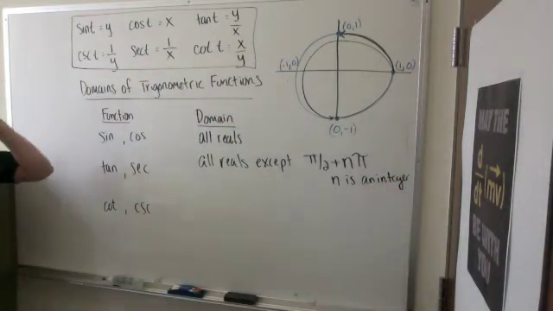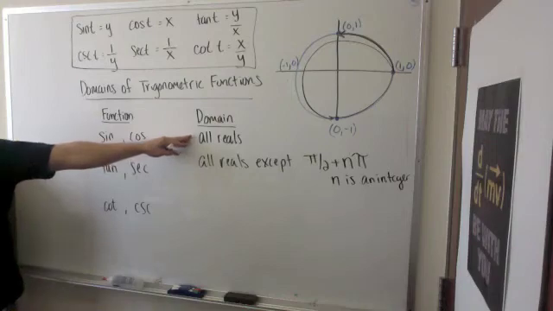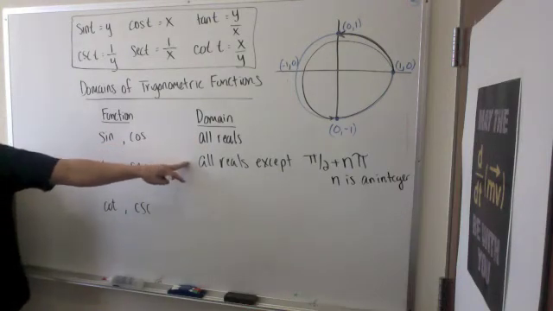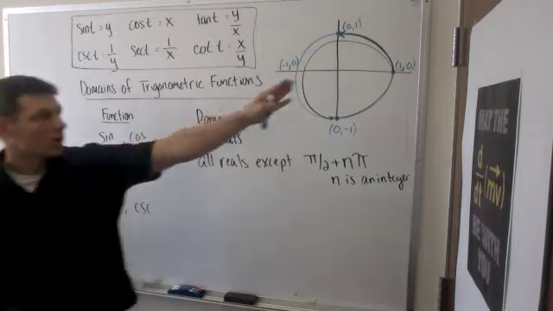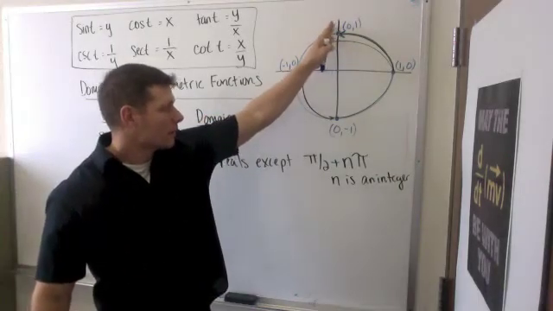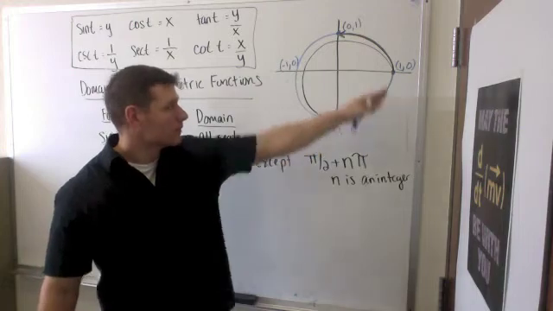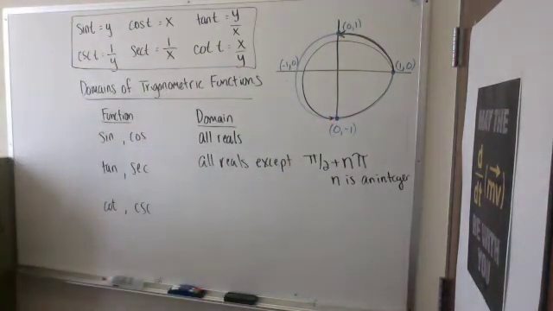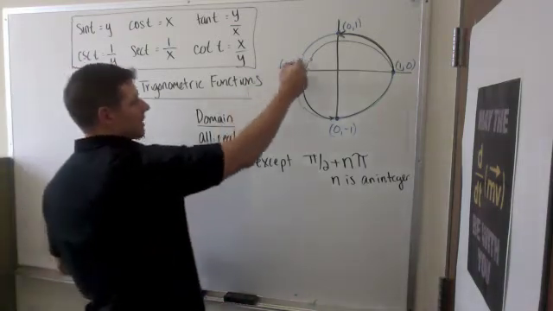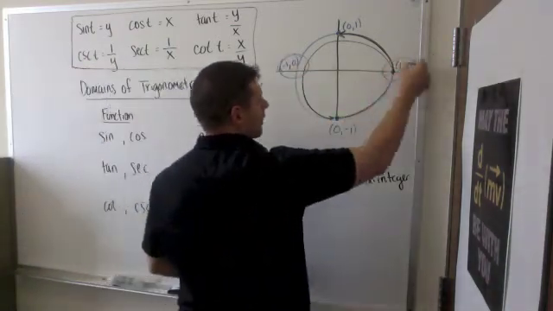Okay? So the domain, sine and cosine, all reals. Domain of tangent and secant, all reals except for the ones that give us 0 in the denominator. When does that happen? At all the pi over 2, 3 pi over 2, 5 pi over 2, 7 pi over 2, okay? Except for those. Now, when are cotangent and cosecant not defined? Well, when the y value is 0. When is the y value 0? Well, it happens here and here.